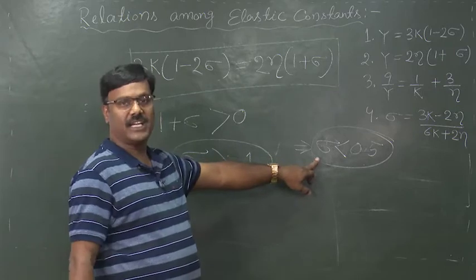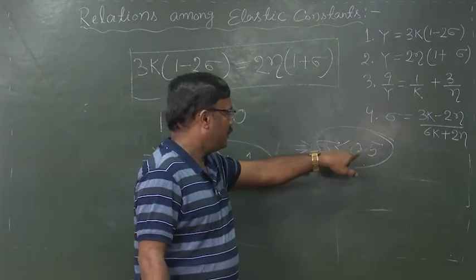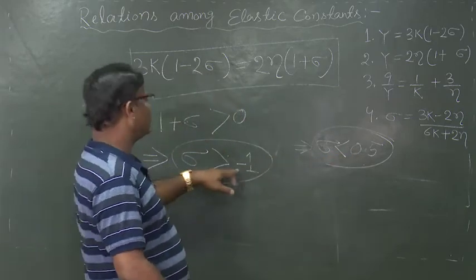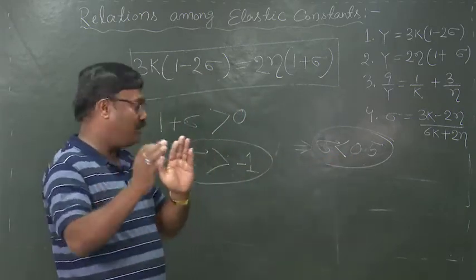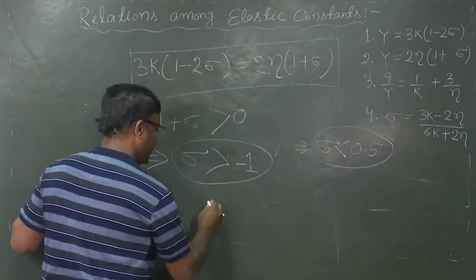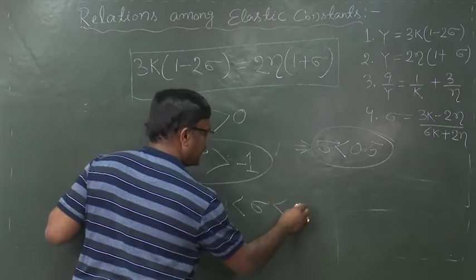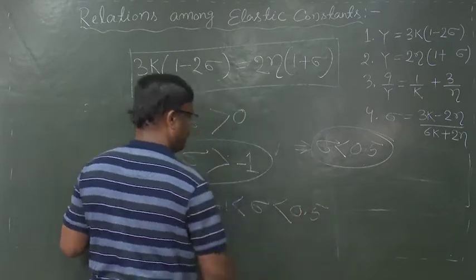Now, we can conclude that the value of σ lies between minus 1 and 0.5. That is, minus 1 is less than σ less than 0.5.